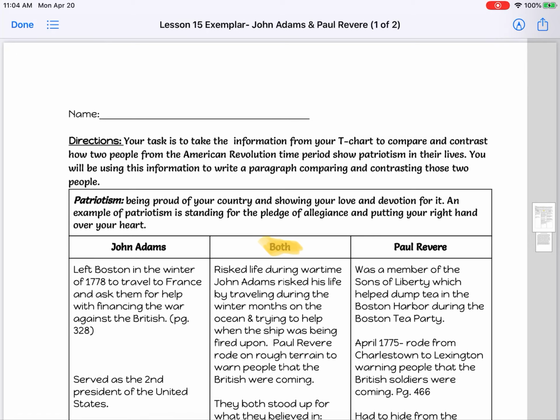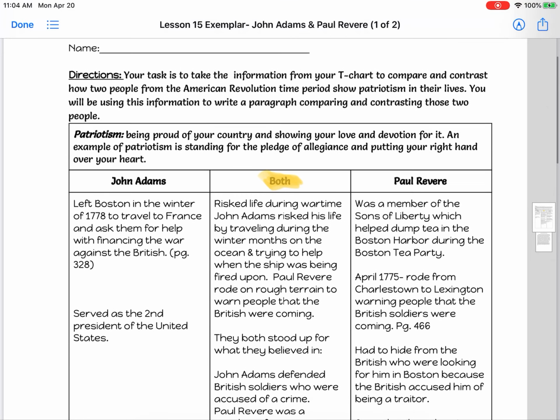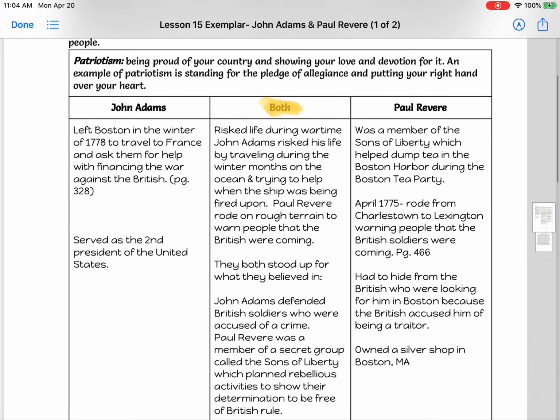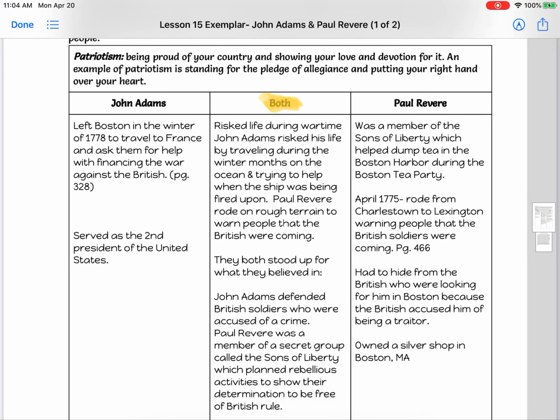I've given you a sample here to look at so that you can model your three-column chart after mine, and you can see how much information you're going to need in order to compare and contrast the two characters that we are doing. I took two characters from the Revolution as well.